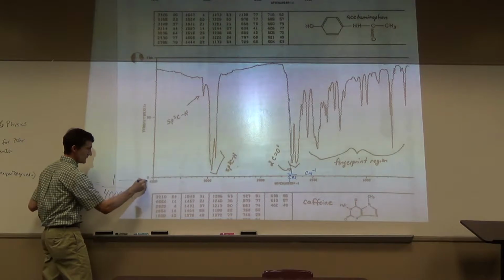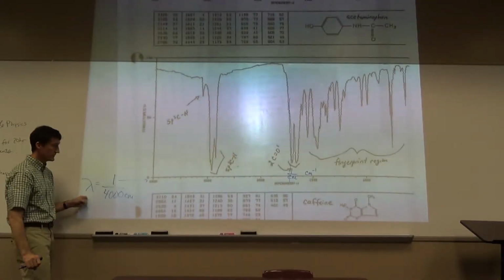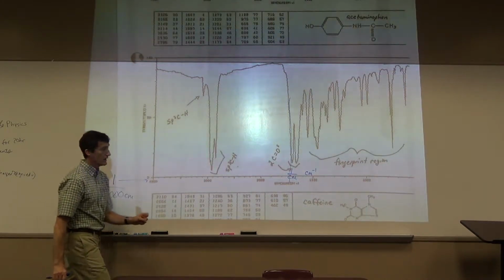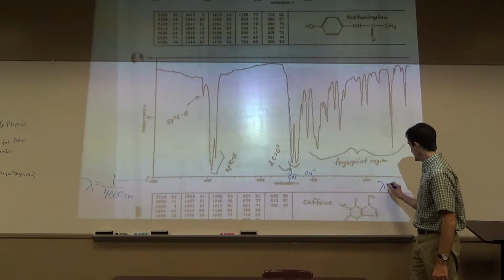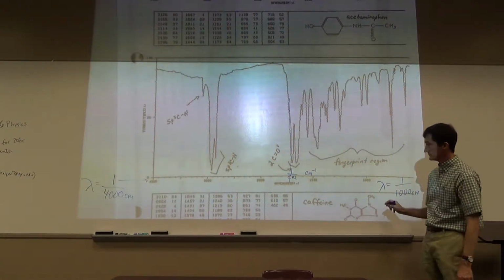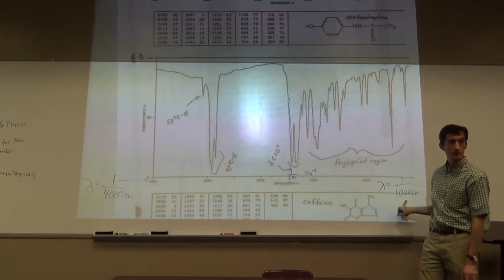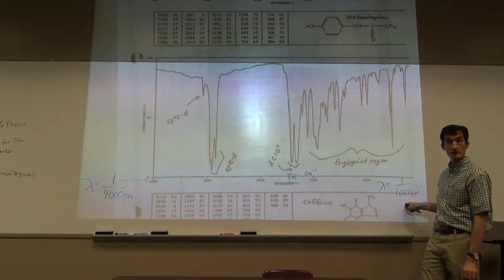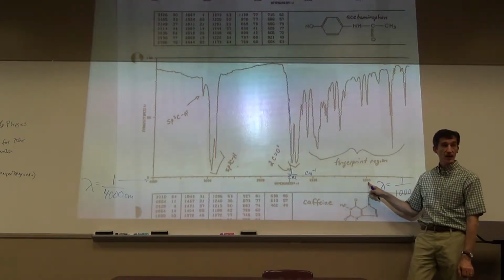Wavelength equals 1 over 4,000. That's what the wavelength equals. That's a wave number. Well, let's go down here. What is this wavelength? Wavelength equals 1 over 1,000 centimeters. Which is a higher number, 1 over 4,000 or 1 over 1,000? This is a larger number. You see, it's reciprocal.